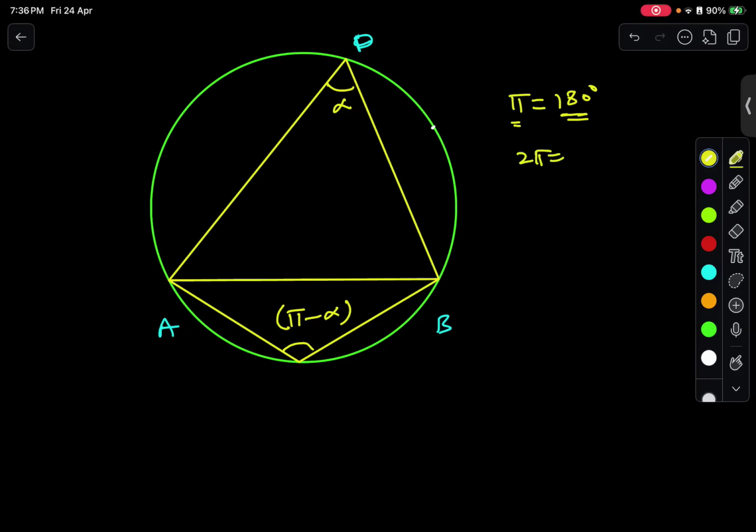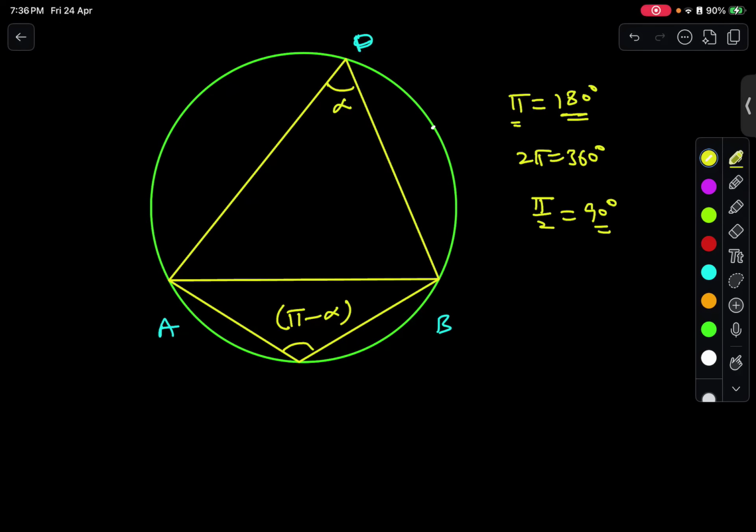And 2 pi is 360 degrees, and pi by 2 means 90 degrees. So you can write this as 180 minus alpha or pi minus alpha. Both are the same, and you can use either.